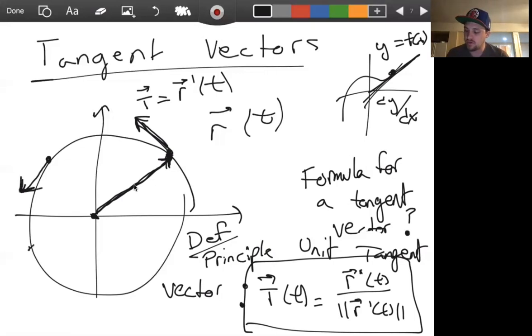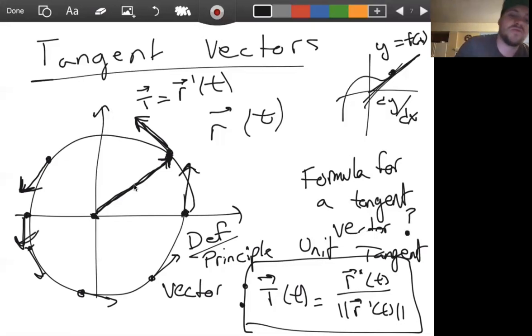For a circle, the tangent vector around the circle would look something like this, right? And you can see here, at theta equals pi, it would be vertically down. At theta equals 2 pi or 0, it's vertically up. It's horizontal to the left at pi over 2, horizontal to the right at 3 pi over 2. And so here's our formula for the principal unit tangent vector.